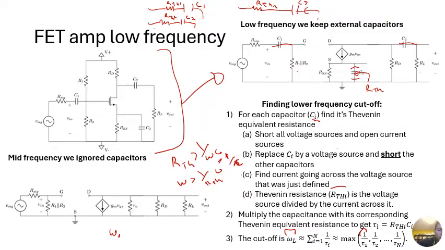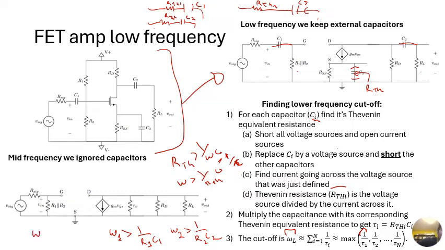So remember, for capacitor 1 to be treated as a short, we need omega to be greater than 1 over R Thevenin 1 times C1. For C2 to be treated as a short, we need omega to be greater than 1 over R2 C2.